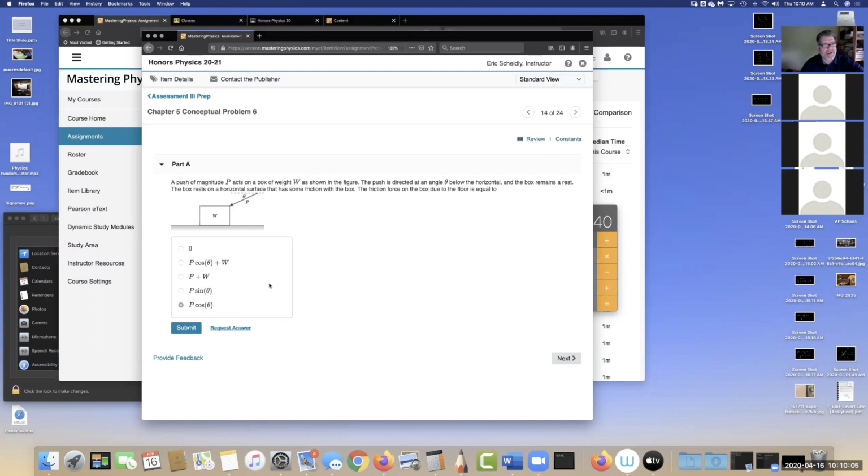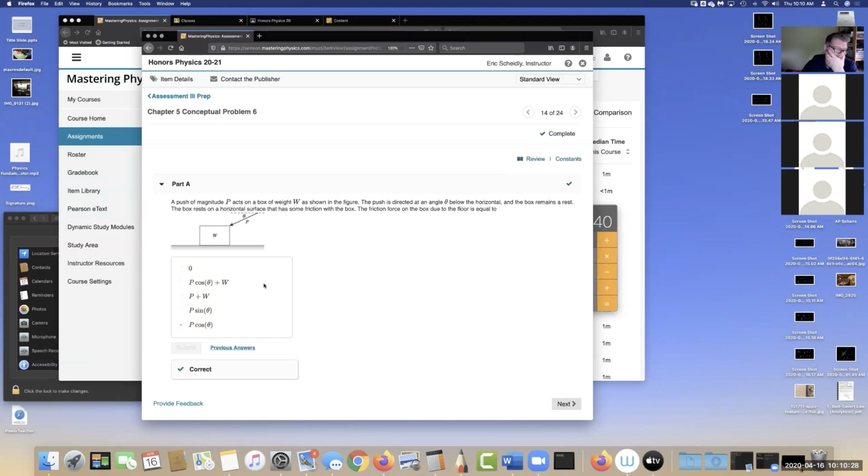I'm pushing the box to the left with a force P cosine theta, and it's not moving. So there must be a force that points in the opposite direction that is equal to the force that I'm pushing, that is making the total force equal to 0, so that the acceleration is equal to 0. That force would have to be equal to the force with which I push, which is P cosine theta. Submit. Green check mark. There you go.